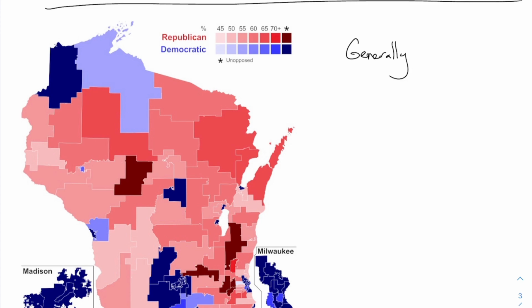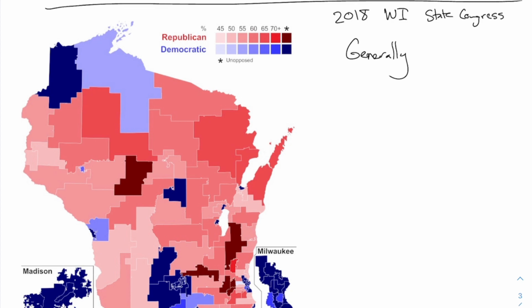Actually, if you look at this whole picture, in general, this is not always true, but generally here. By the way, these are the numbers from the 2018 Wisconsin State Congress. You know, every state has their own Senate and House of Representatives. These were the Wisconsin State House of Representatives.